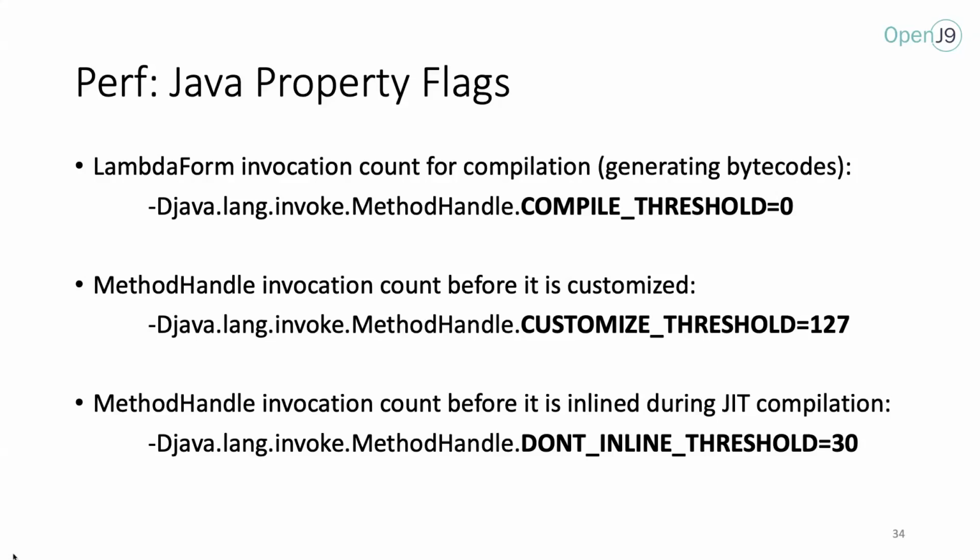It may have been merged, but last I was told it's still work in progress, and the PR I think has been opened by Devin Pepino. But once that PR gets merged, we will be able to provide a threshold for this do not inline Java property, and then we'll be able to control when to inline a method handle in JIT compilation.